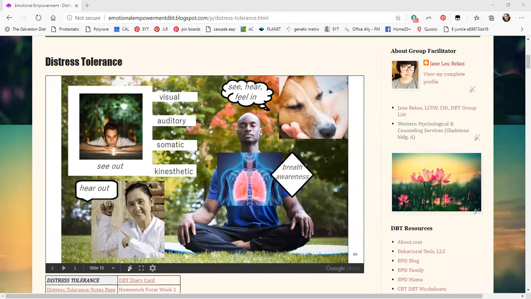So visual, when people close their eyes and do breath awareness, some people, not all, but those who are very visual, will use naturally occurring visualization, or you could also think of memory.